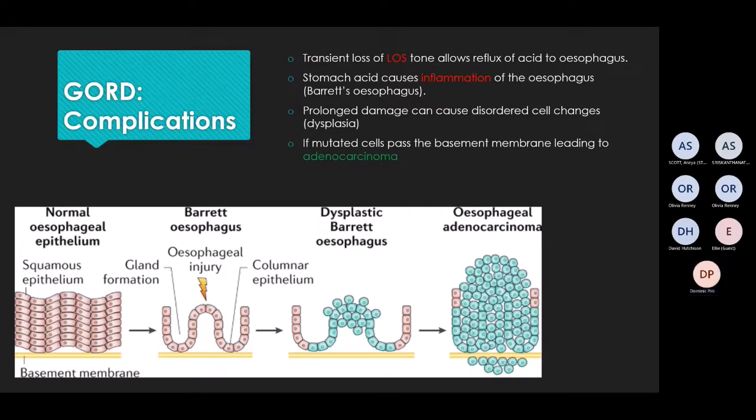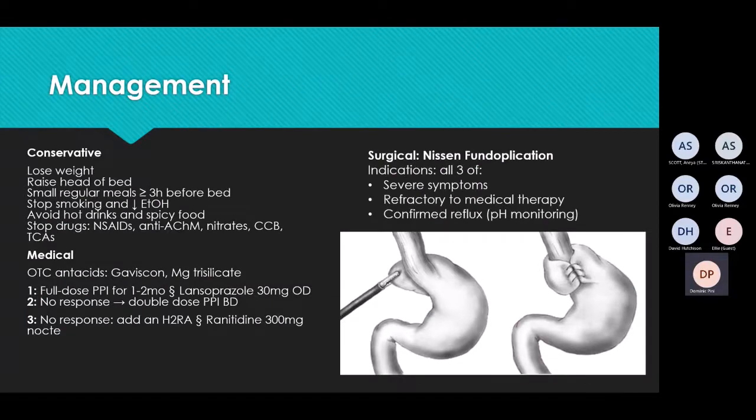But just because you have Barrett's esophagus, it does not mean that you will progress on to having cancer. It's often held at that stage and subject to review with camera tests and so on that are done every year or so.